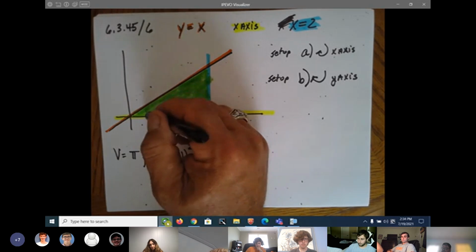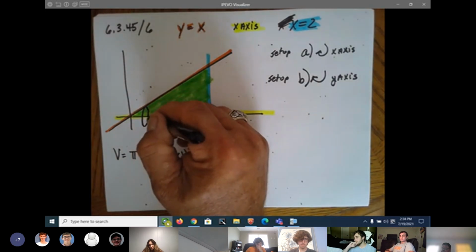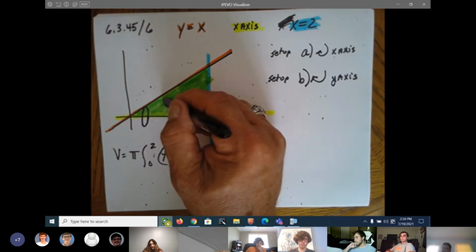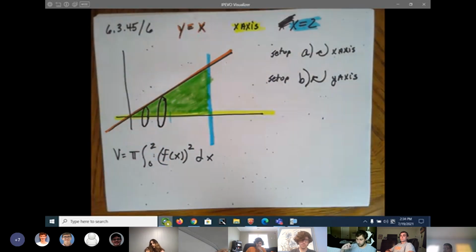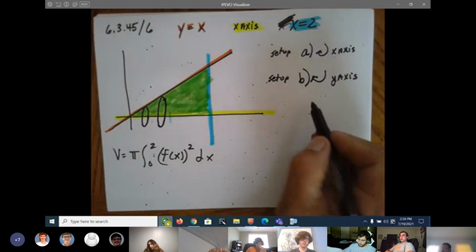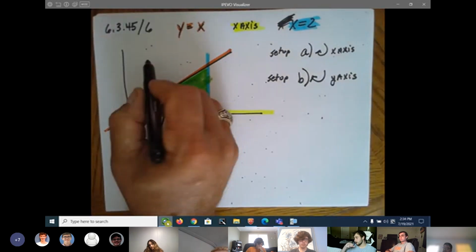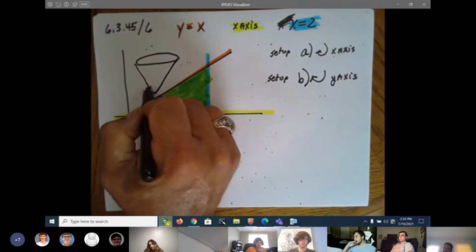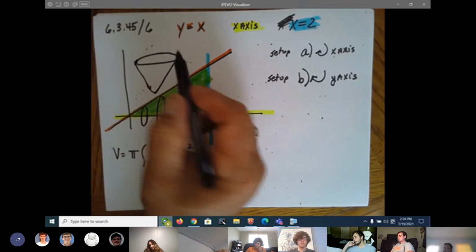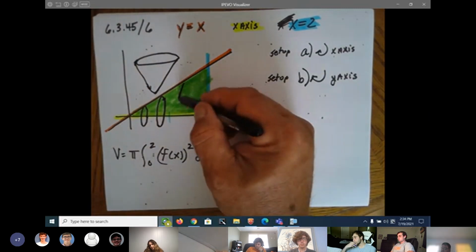Because if you do around the x-axis, you're only talking about a disk. So you're talking about, for A, the cone-shaped cup. That's what it looks like.